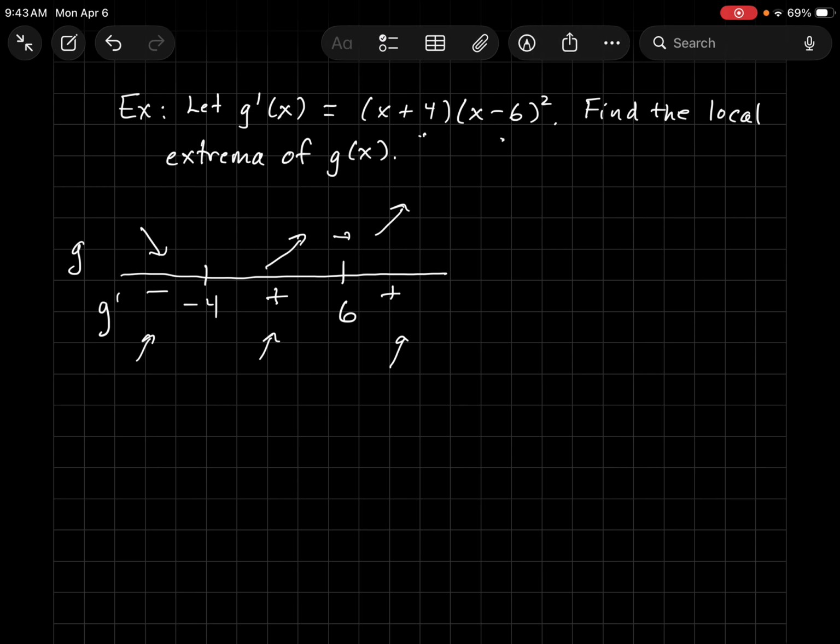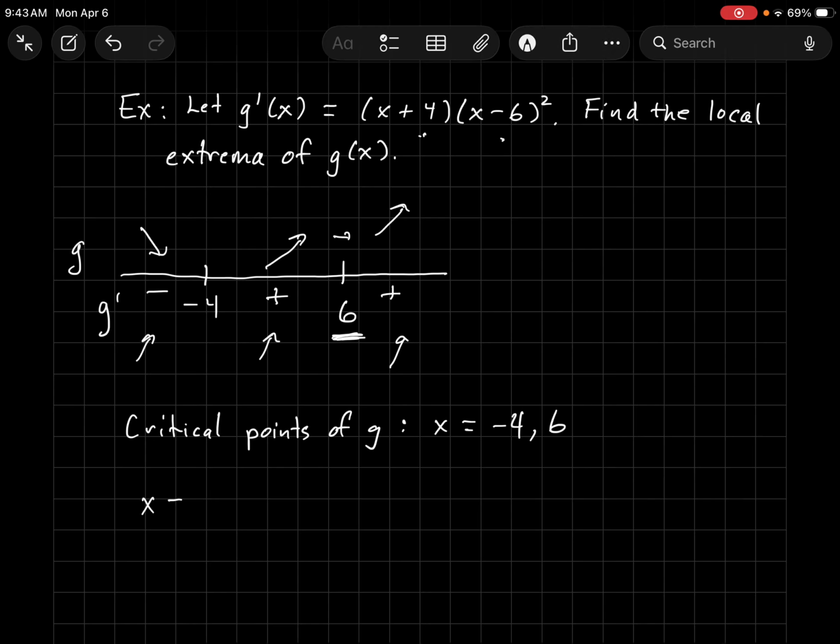So the critical points of G, in this case where G prime is 0, are at x equals -4 and x equals 6. But notice that at this critical point, x equals 6, there is neither a max or a min, which happens sometimes.